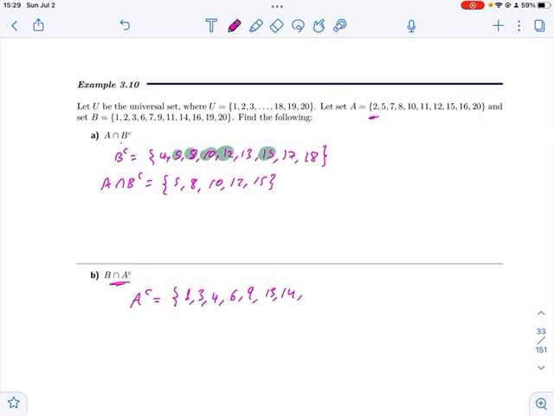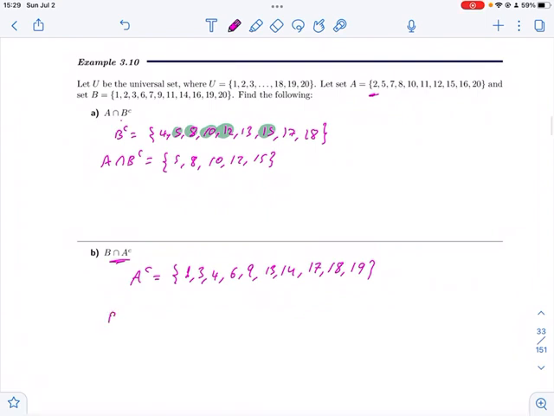Now we find B intersect A complement, the common elements between B and A complement. Let's find them. So we have 1 here in A complement, and it's also in B, so this is common. 3 in both. 4 no. 6 yes. 7 no. 9 in both. 13 no. 14 yes. 16 no. 17 no. 18 no. 19 yes.